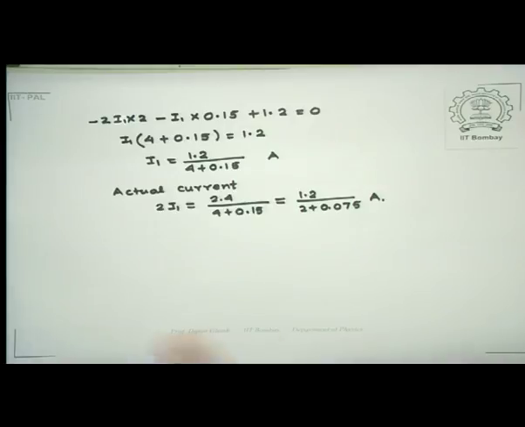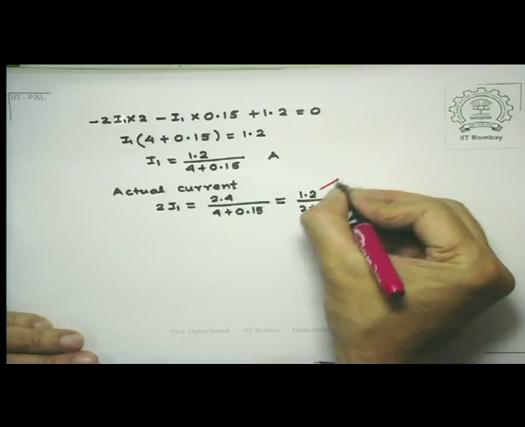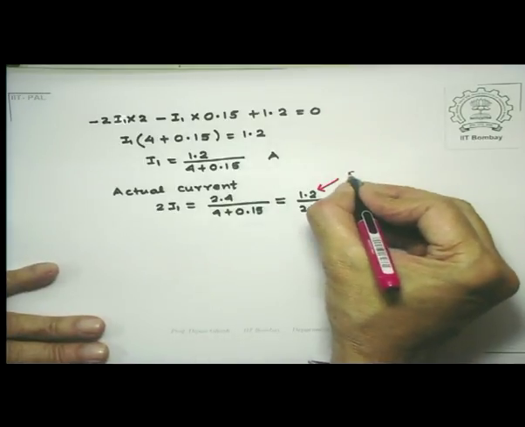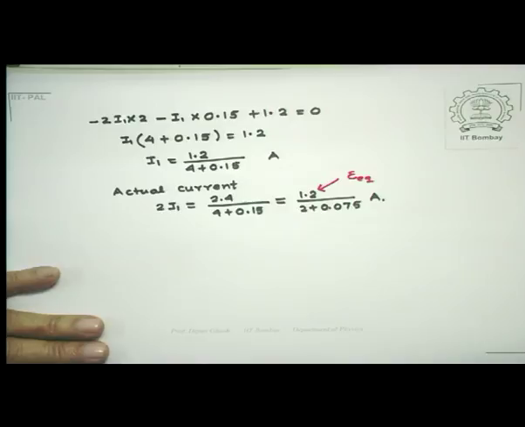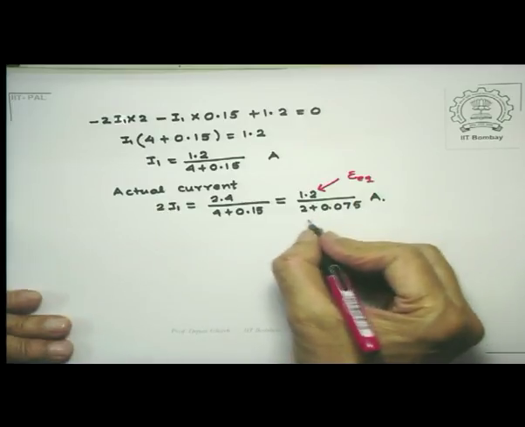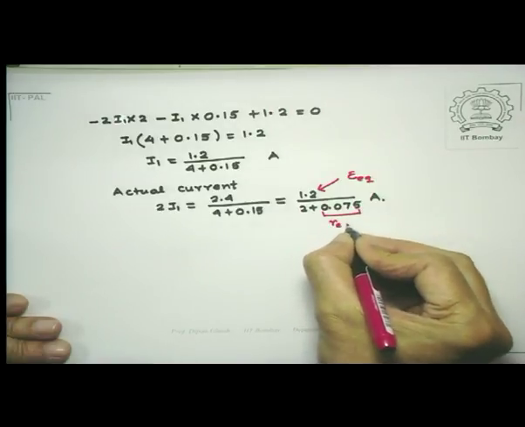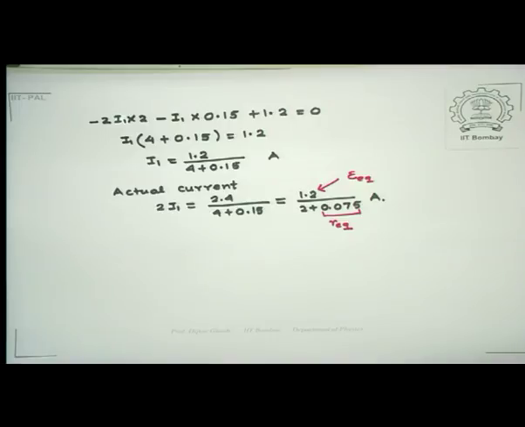So notice that this 1.2 volts that we have written down is the equivalent EMF of the parallel combination of the cells. As you know, two equal valued EMFs give the same EMF when they are put in parallel, and this denominator is the series combination of 2 plus the equivalent resistance of the internal resistances of the batteries.